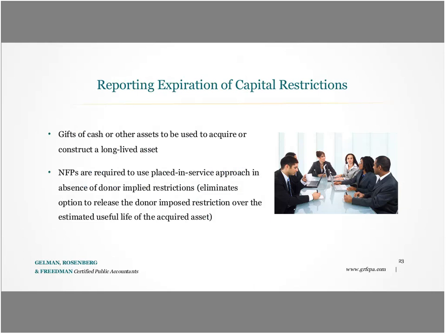This eliminates the option to release the donor-imposed restriction over the estimated useful life of the acquired asset. Prior to this, the not-for-profit had two options. One, you could use the placed in service, or you could use over the useful life or implied time restriction. But now in the absence of a donor restriction, you can no longer use the implied time restriction.